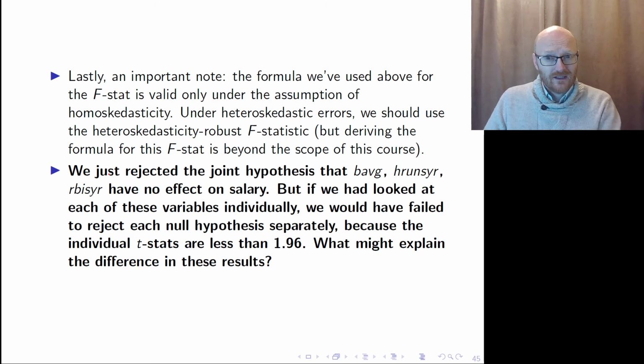However, it's not as easily computed, so we are not deriving this here. What we can think of is that we just rejected the joint hypothesis that these three variables have no effect on salary.